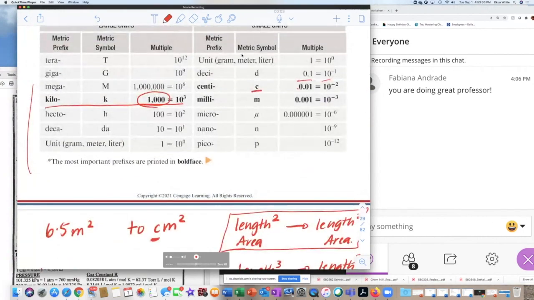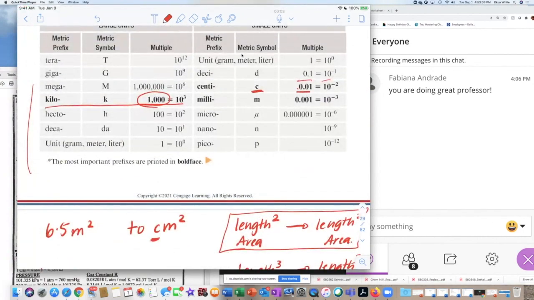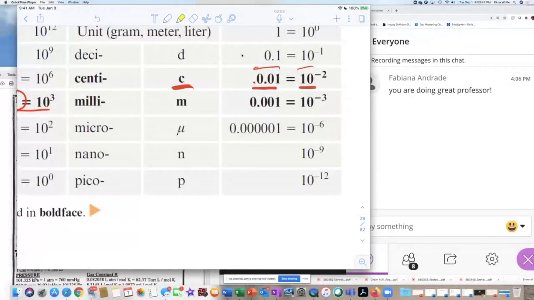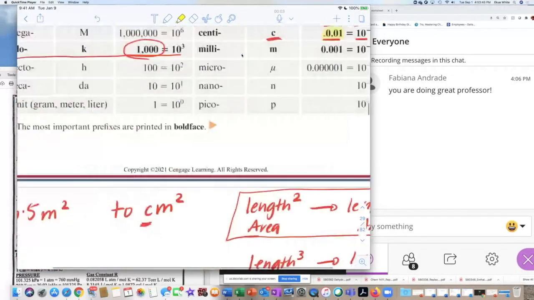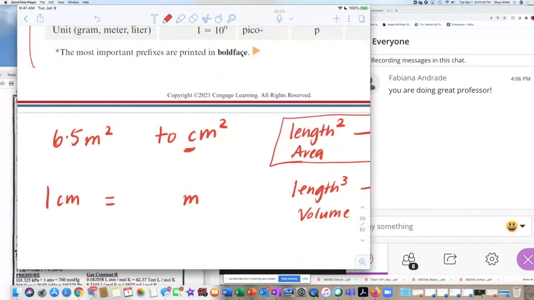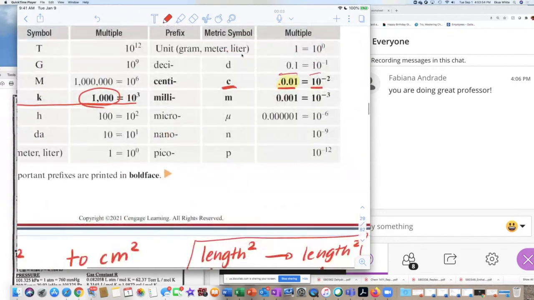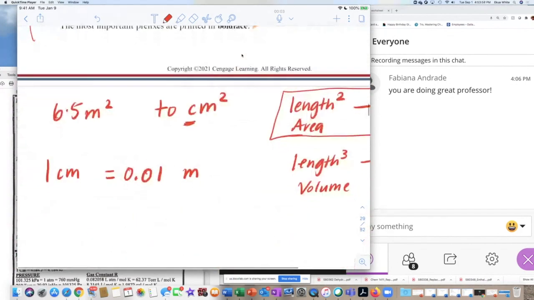Centi stands for 0.01, or 1 times 10 to the power negative 2. To make this simple, I'm going to use 0.01. So 1 centimeter is going to be 0.01 meter. You're free to use either the number on the left or the number on the right; they're the same number. So I got this equality from the table.